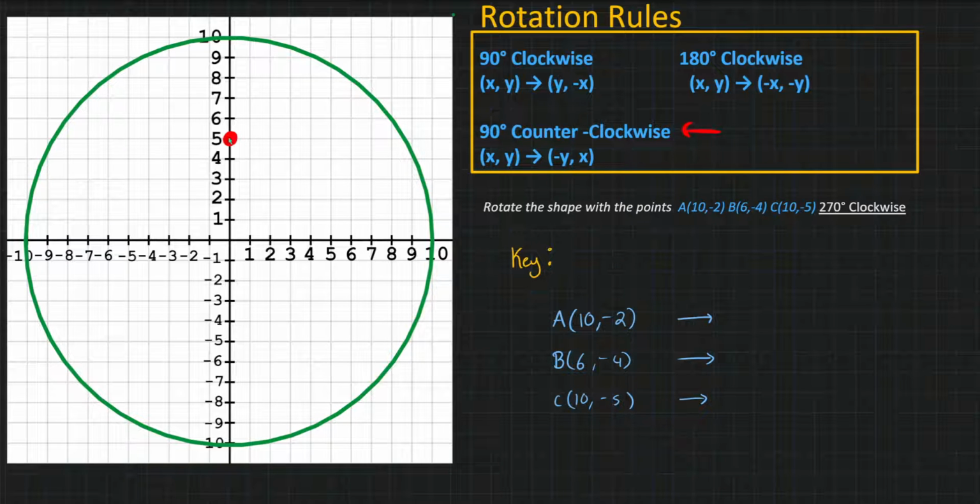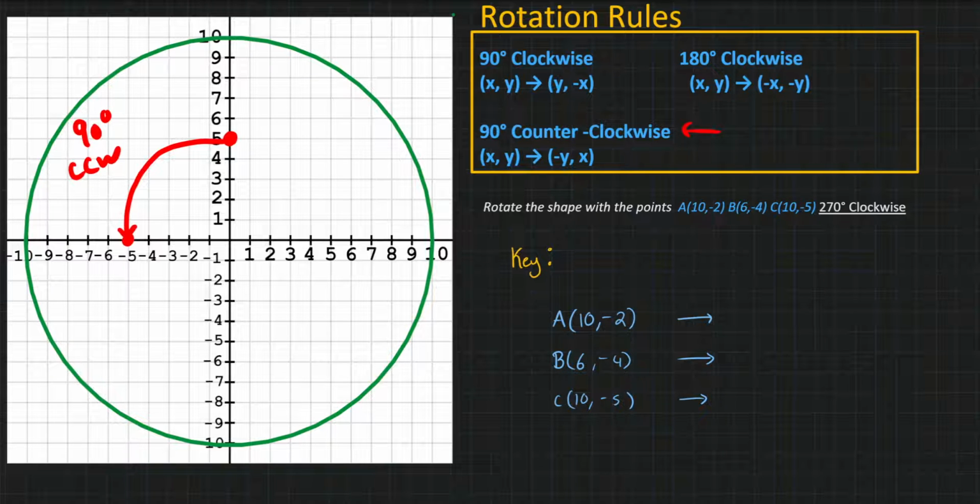Well, that means I'm just going to rotate it a quarter turn to the left. So I'd end up right there at 5 again, but at -5 on the x-axis instead. That is a 90 degrees counterclockwise rotation, CCW. Very simple, a quarter turn to the left.